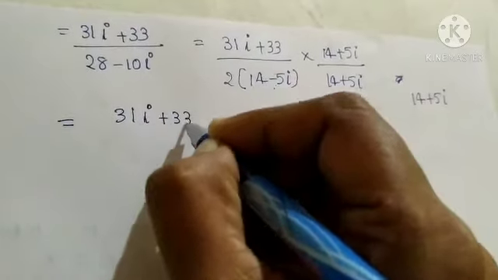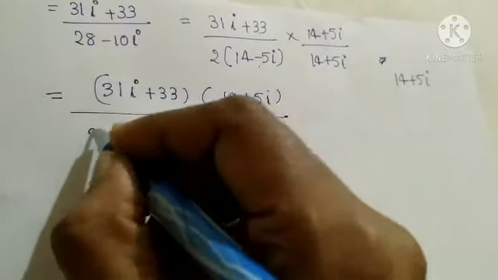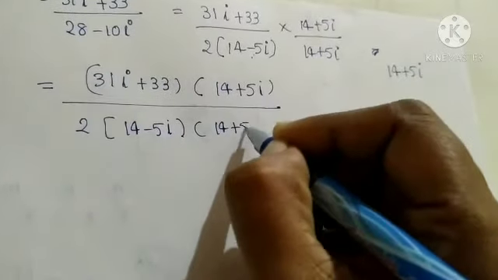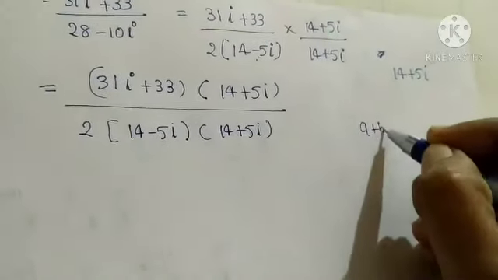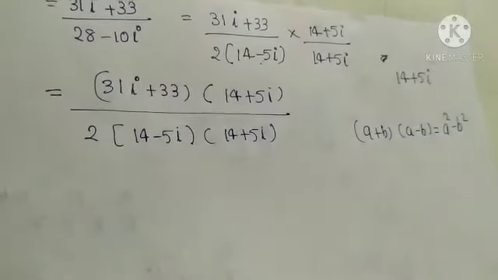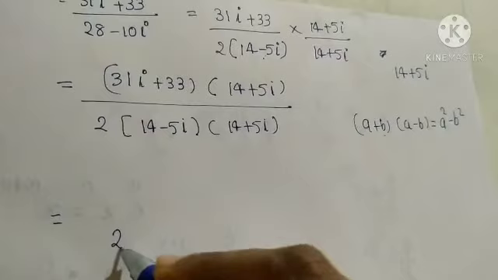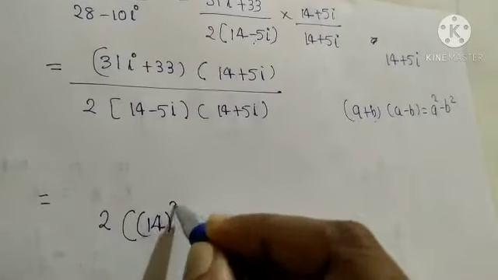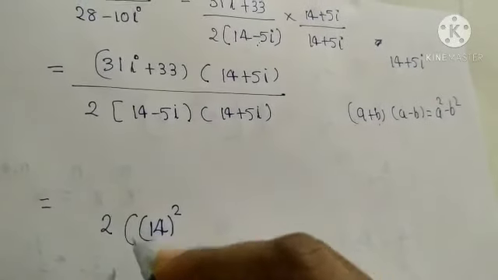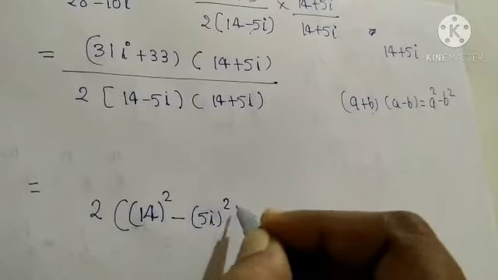So the next step is like this, and it is equal to 31i plus 33 into 14 plus 5i divided by 2 into 14 minus 5i into 14 plus 5i. And we know that a plus b into a minus b is equal to a square minus b square. So using this formula, the denominator will become, replacing a by 14 and b by 5i, 2 into 14 all square minus 5i all square.